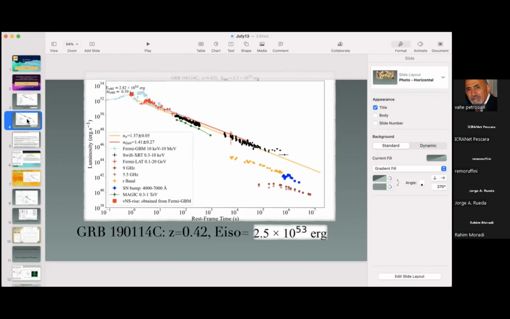That are the optical, maybe Raim, can you point out? It's R band. I can see R band. And okay, this one is just the optical of the synchrotron. And the radio is the radio of the synchrotron due to the afterglow.